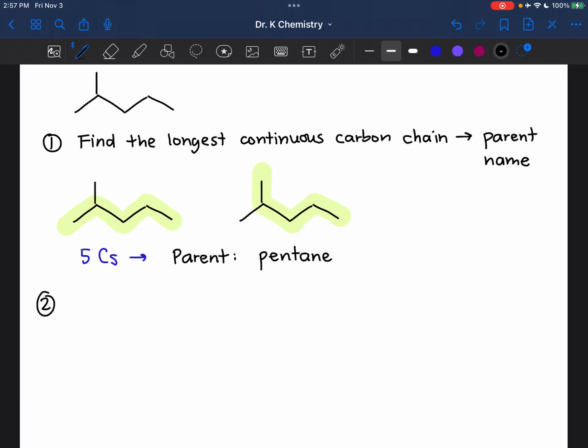The second thing will be to number the carbons starting from the carbon closest to the first branch.